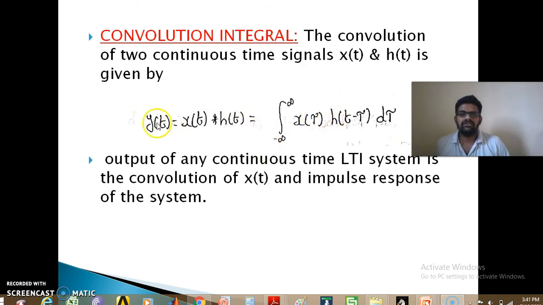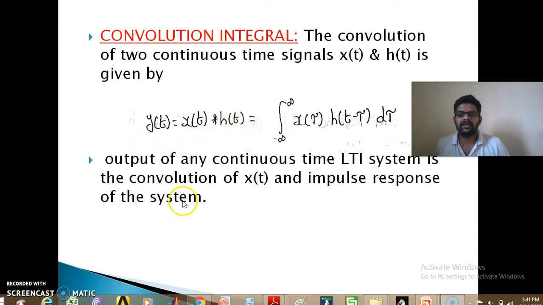For simplification, for y of t, you can take the Fourier transform or Laplace transform or Z transform. If you take the Fourier transform, it becomes Y of omega equal to the Fourier transform of x of t convolved with h of t. The convolution property applies: convolution in the time domain results in multiplication in the frequency domain.